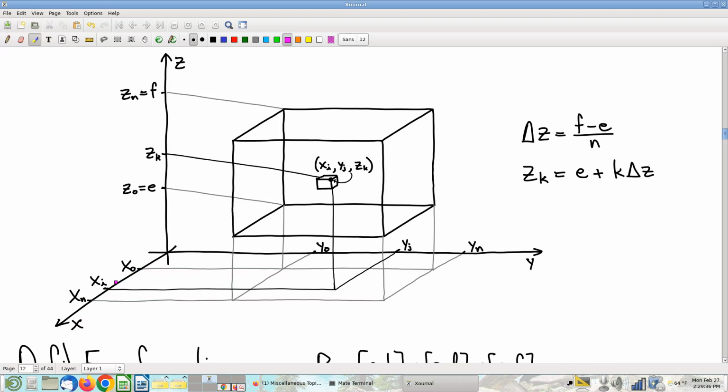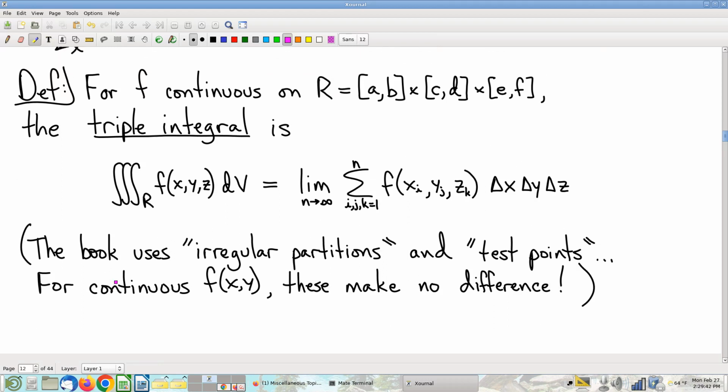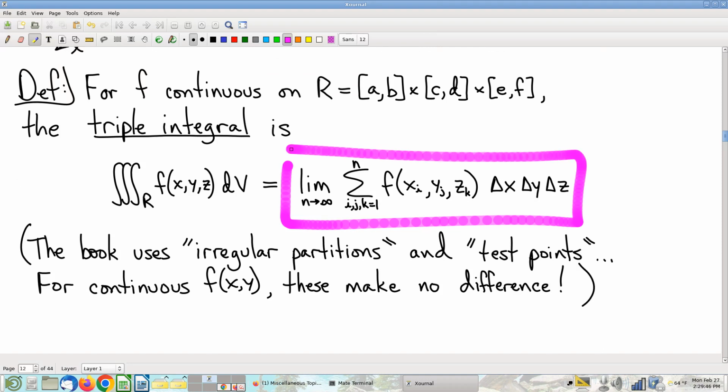But I do want it to be clear that we're being very precise when we write this down, and this is what we really are going to do a lot of things with. This is what we mean when we say the whole is the sum of the parts, or chop it up, add it up, whatever you prefer. We're going to take our entire solid region, break it up into little pieces on which we do this calculation.